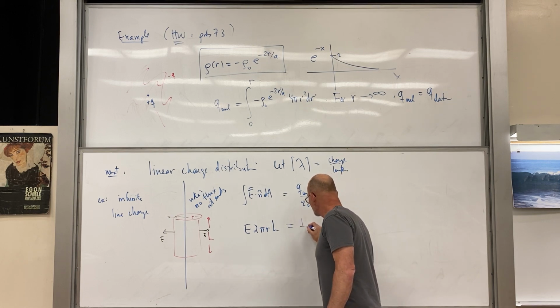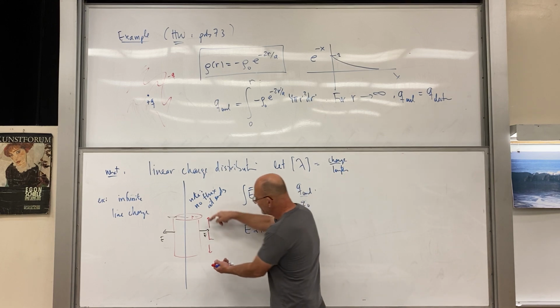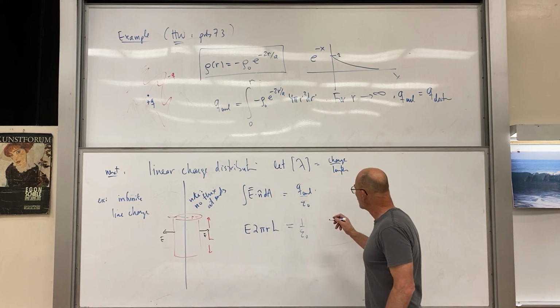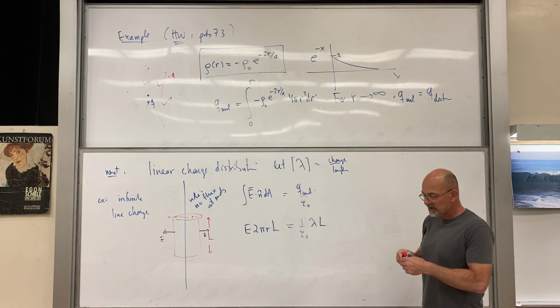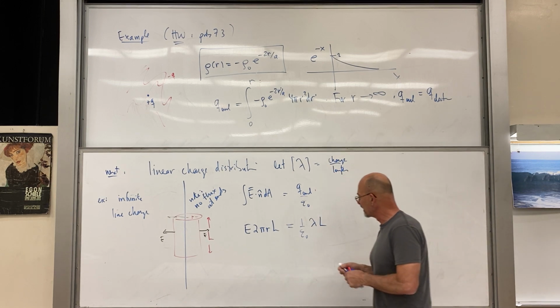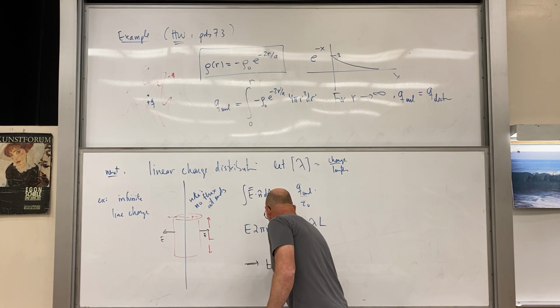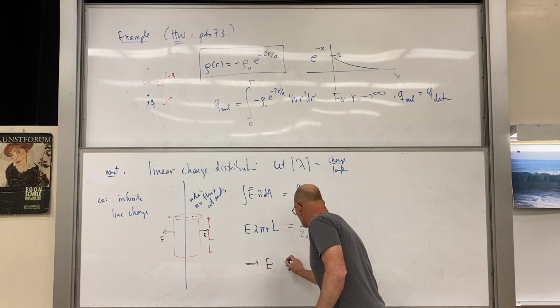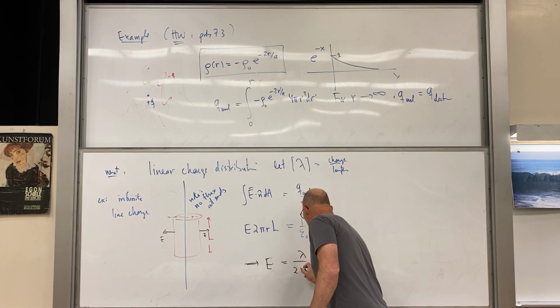Well, how much charge is enclosed? Okay. Well, we have charge per length times this length, capital L, so that would be lambda times L. L cancels from both sides. We're going to go ahead and obtain for our E field lambda over 2 pi epsilon naught r.